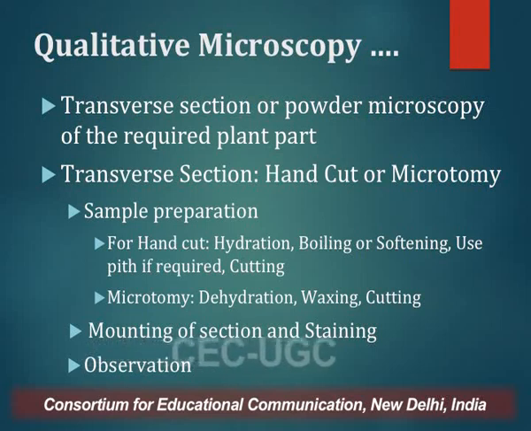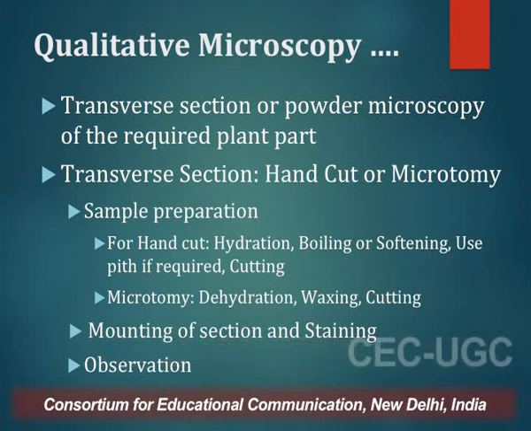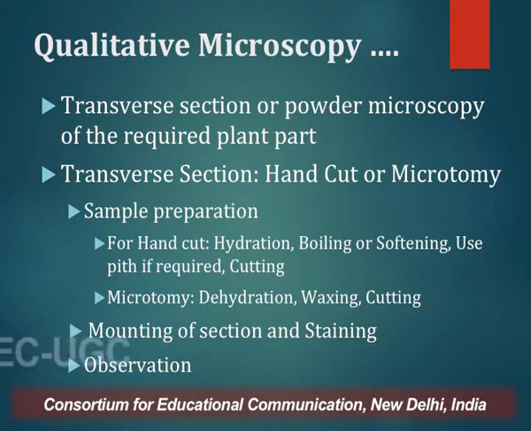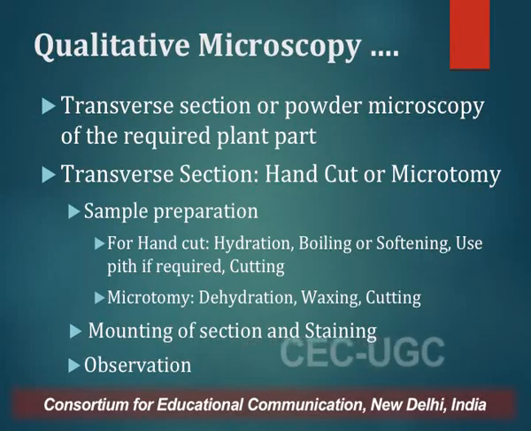In case of microtomy, we have to first dehydrate our sample material by treating it with different percentages of alcohol, and then we embed that plant material into a block of paraffin wax. Paraffin wax here acts as a pith, and then we cut the transverse section by placing that paraffin wax block, having the plant tissue embedded in it, into the microtome, and then we go for the section cutting.